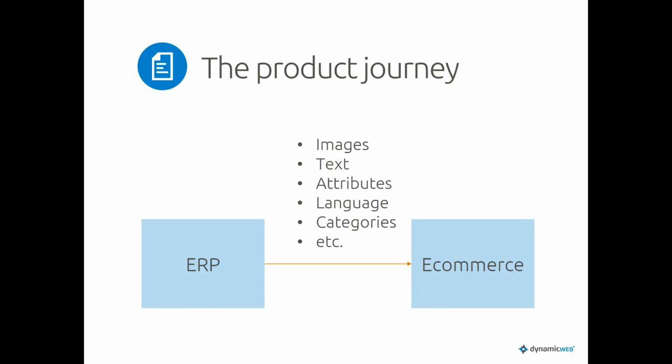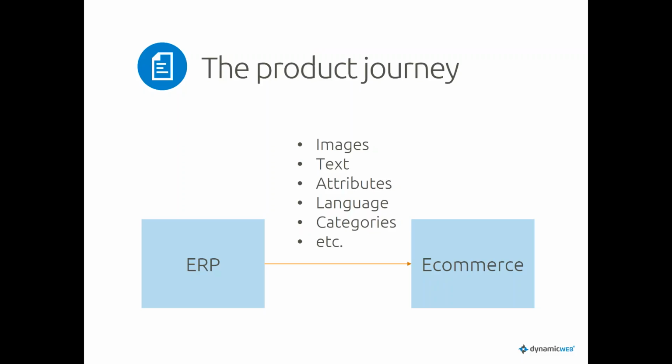So moving products from our ERP and into our e-commerce solution, we need a lot more information in order to make the products relevant. This goes especially for business-to-consumer websites, but also for business-to-business websites. We need enough information on the products in order to sell something. So we need to apply things like images and text and all kinds of attributes regarding the product, its width and height and weight and all that kind of stuff.